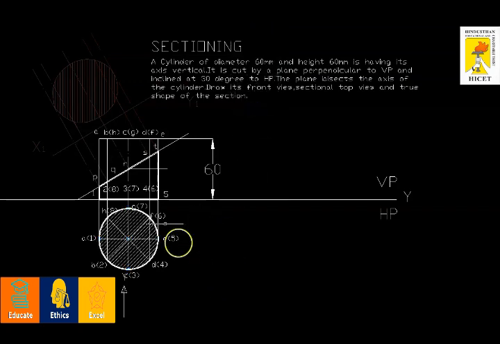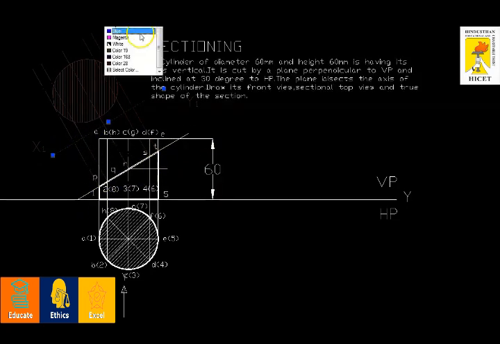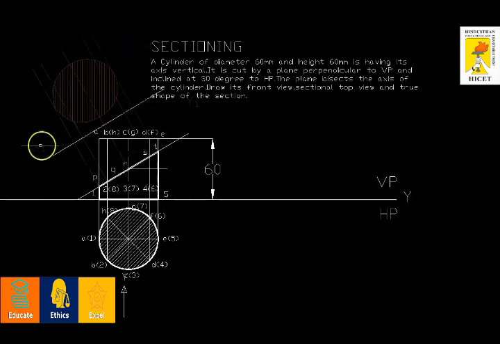Then what next? The final part of the question is the true shape. I'm going to project all these points. Before that, I'm going to draw a line parallel to this cutting plane, like this. Then I'm going to name it x1 and y1.